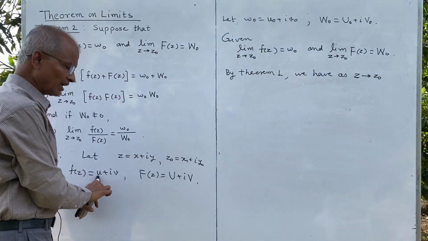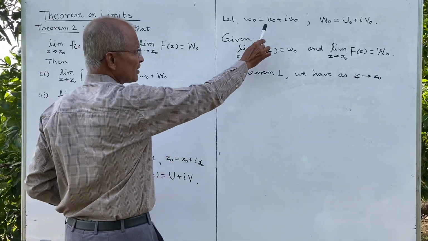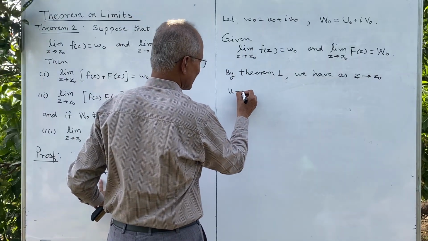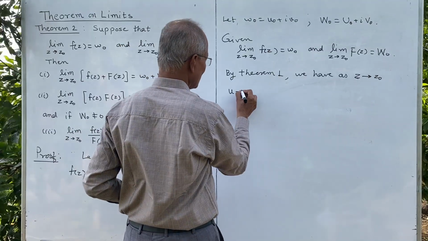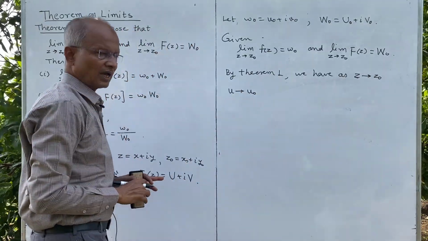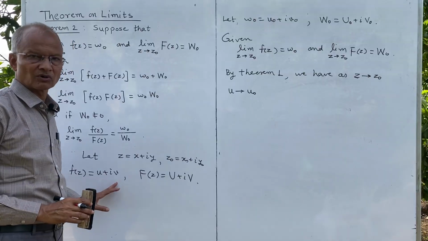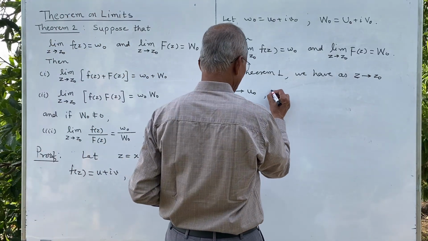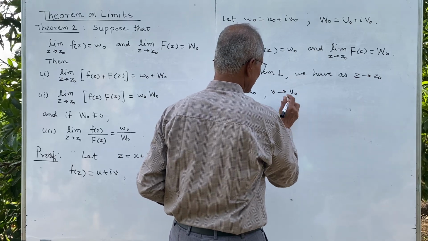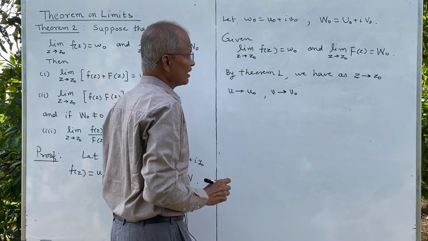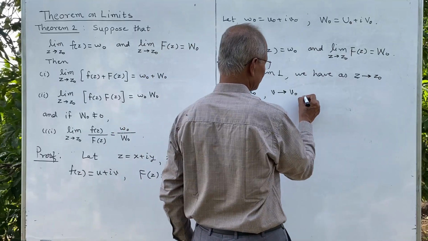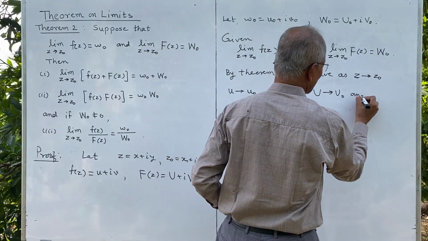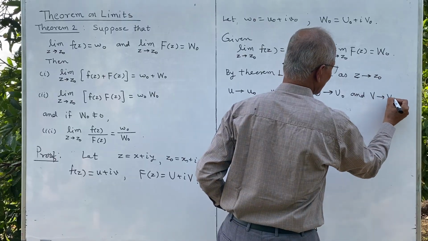So therefore, here the real part u approaches u naught, or actually the limit of u is equal to u naught, that is written in this form. And v approaches v naught means the limit of v is v naught. The limit of capital U is capital U naught, and the limit of capital V is capital V naught.